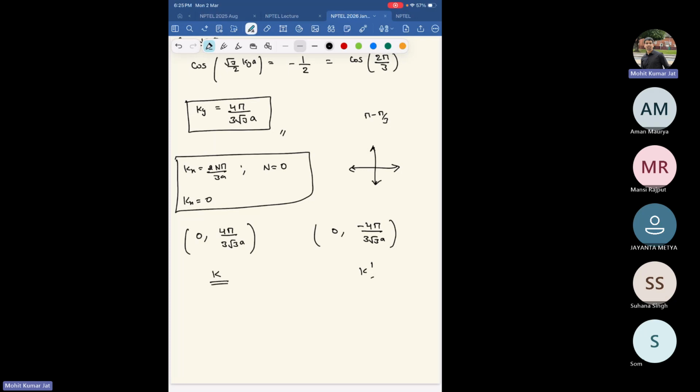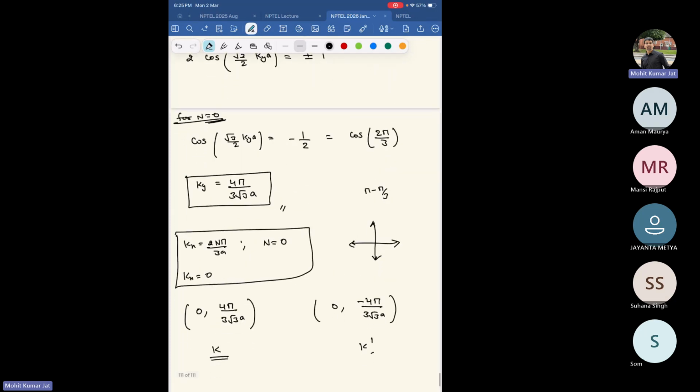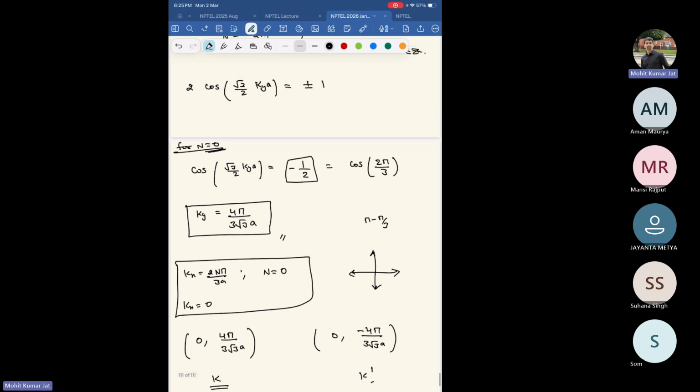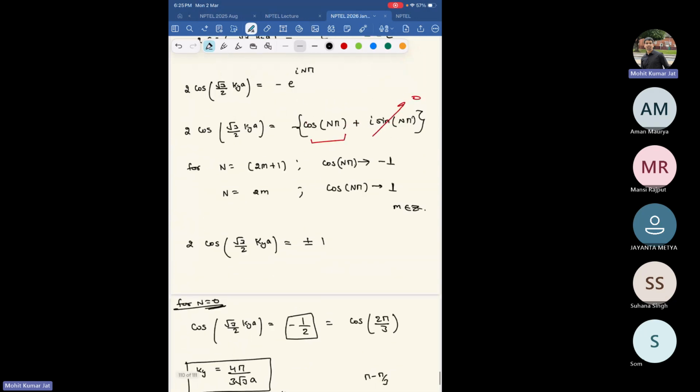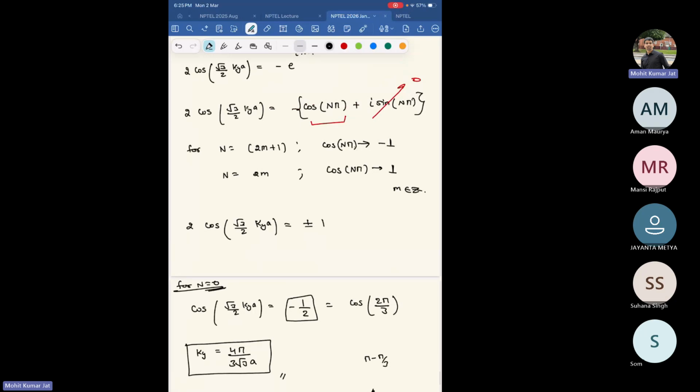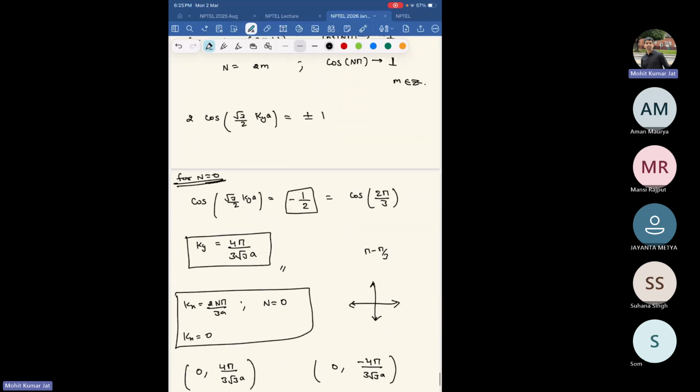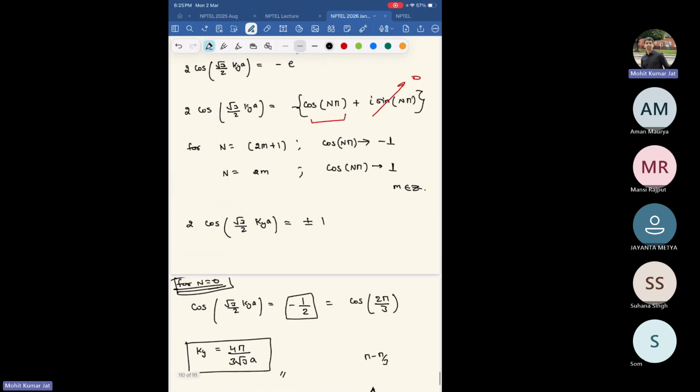There should be one more value corresponding to plus half value. I think you are talking about this. See, there won't be, because I'm taking n equals 0. For n equals 0, this case gets eliminated, only this one survives, right?